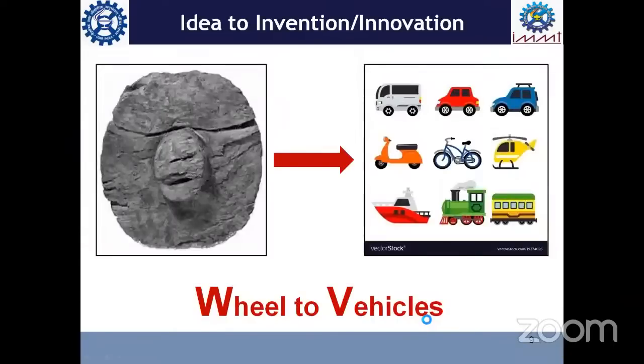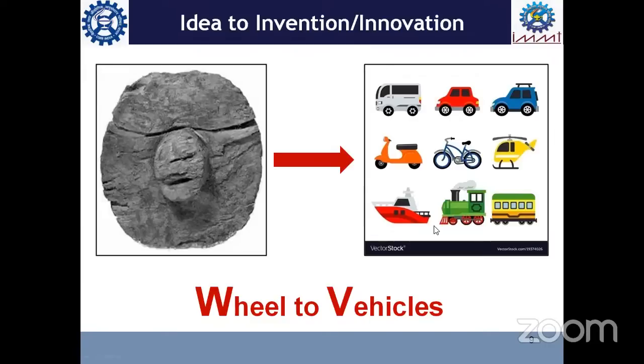So therefore, in short, if we take an example of wheel, we can refer it to wheels to vehicle. Wheel to vehicle. Wheel is an invention, the first solution to the problem, whereas after the invention of the wheel, there were several additions, several improvements, sophistications, and changes that have been taken place so as to make our lives better and better.